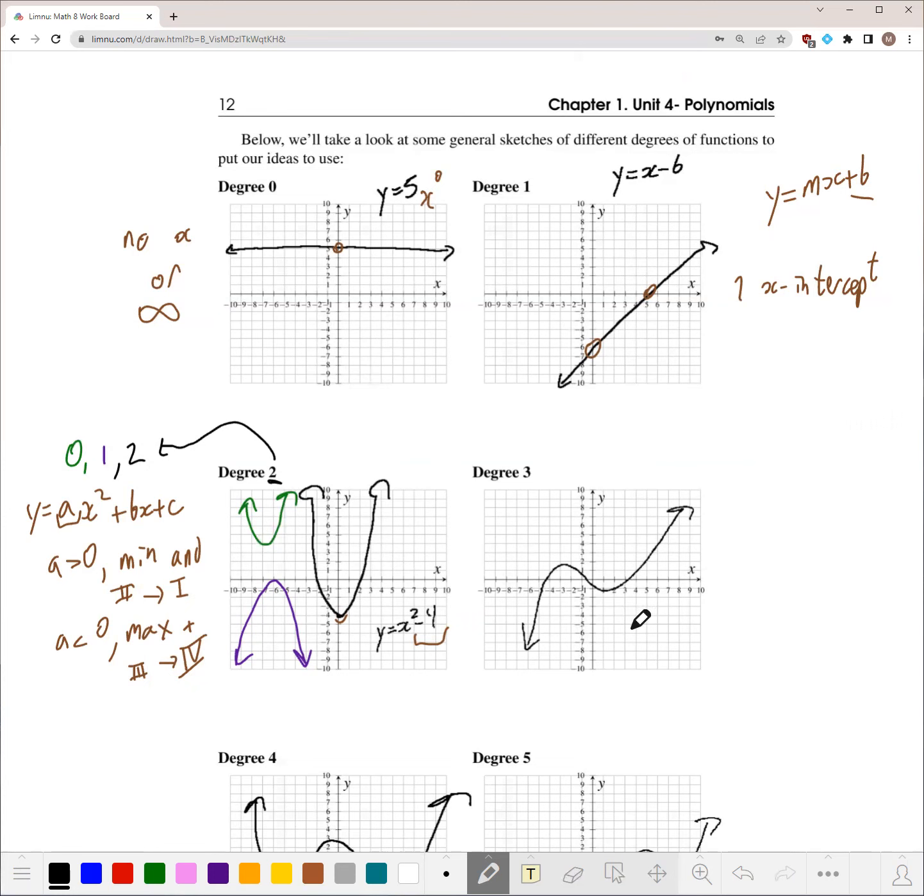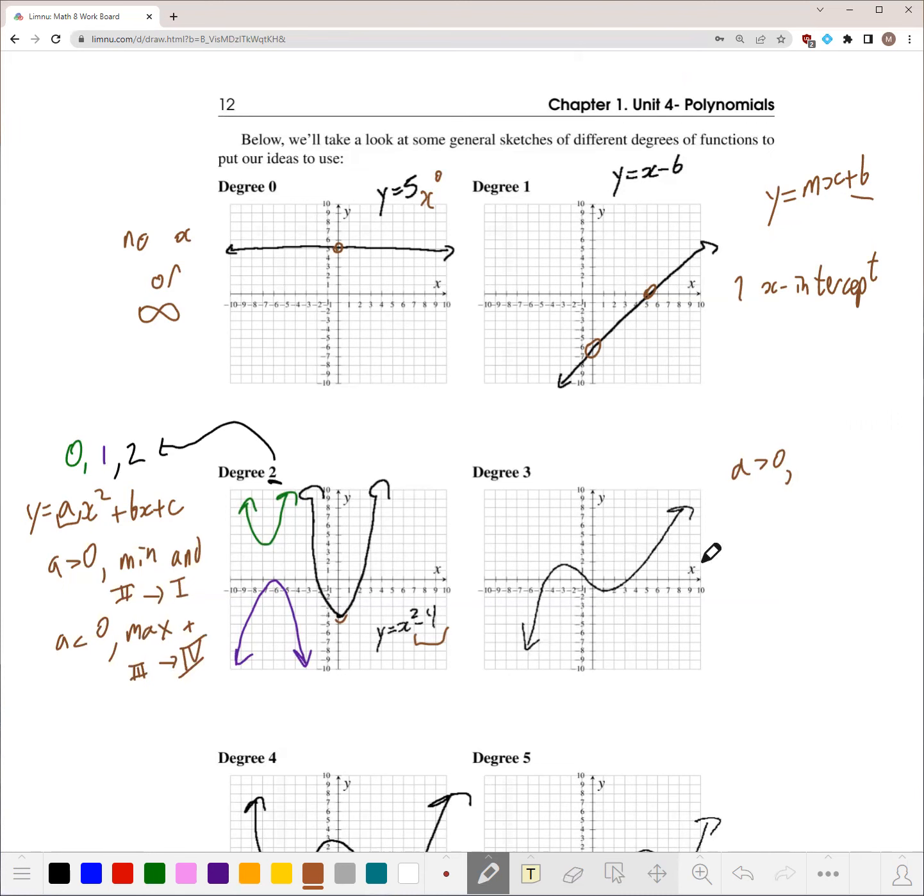So what about when we've got degree 3? With the degree 3 term, we'll use this A, B, C notation. We'll say our A is our leading coefficient. If our leading coefficient A is positive, then we're going to still have an infinite range, so there's no maximum or minimum.